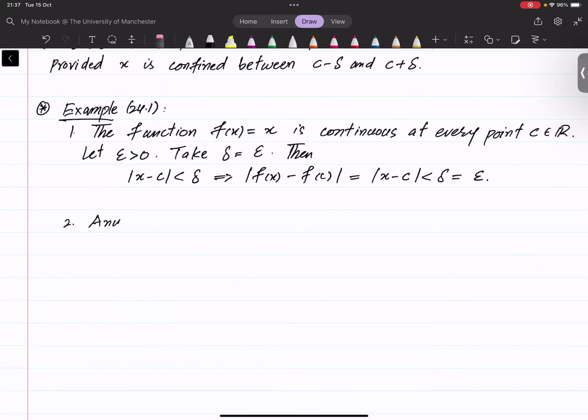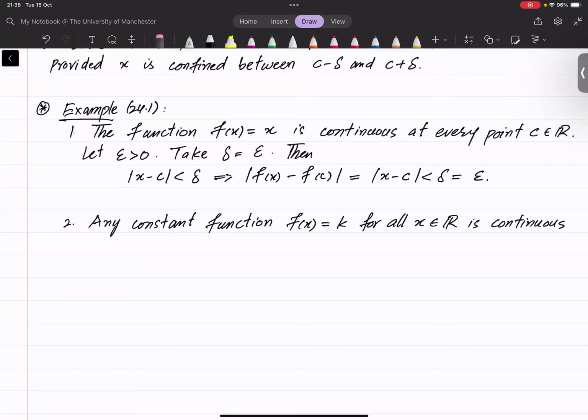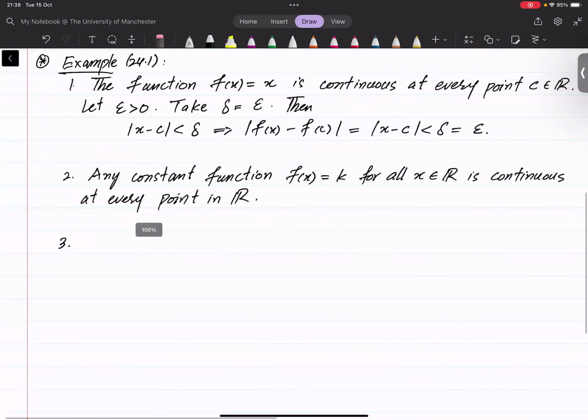Number two, any constant function f of x equals some k for all x in R is continuous at every point in R. Number three, you can say this is an exercise.